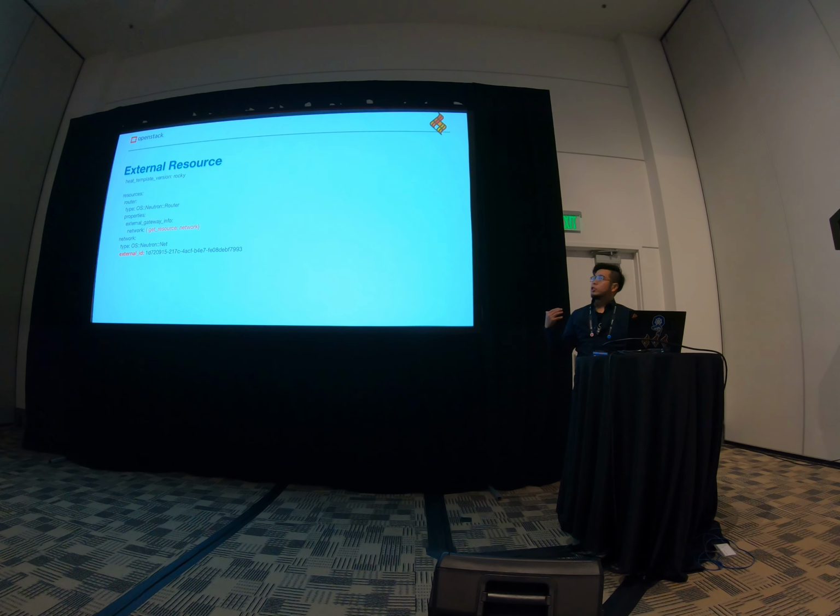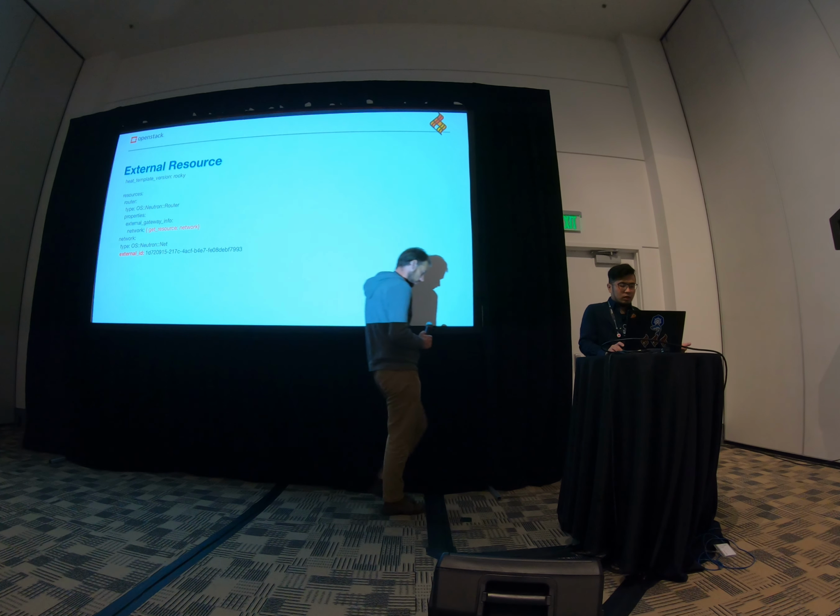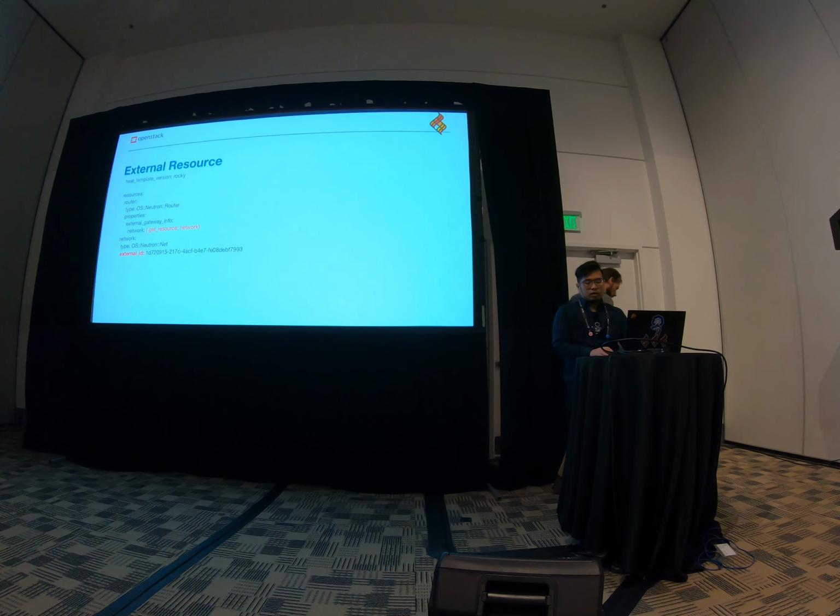So we have others, like specific resources or specific ways to do things. I'm not trying to run through all the detail of this kind of specific usage, but I just want you to be aware there are things that might be useful. Here is external resource. If you want to reuse, for example, a Neutron network which is already created, you can add an external ID for that.